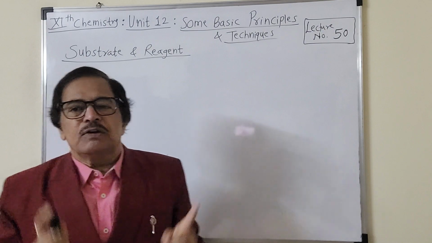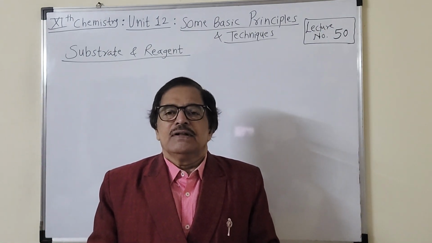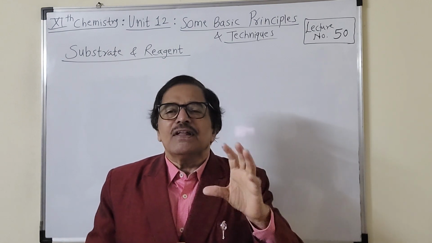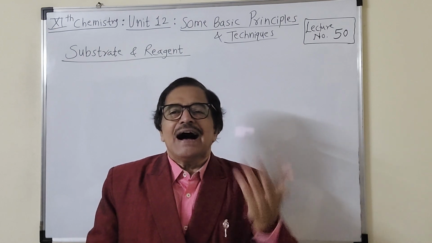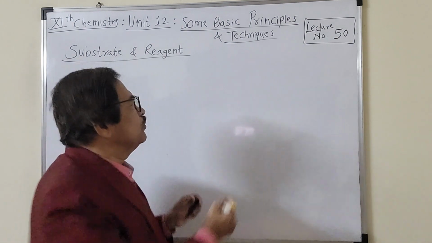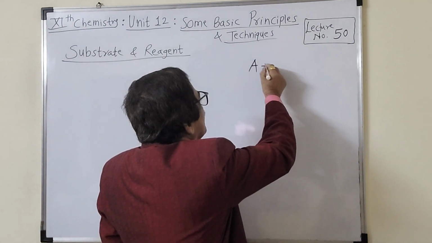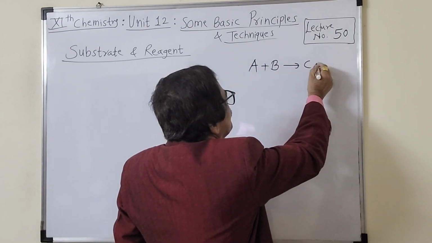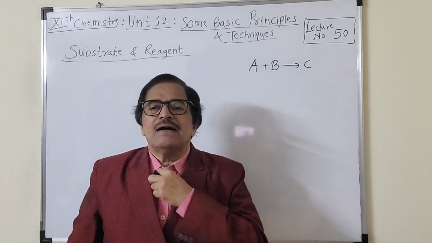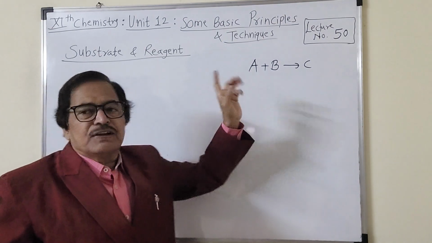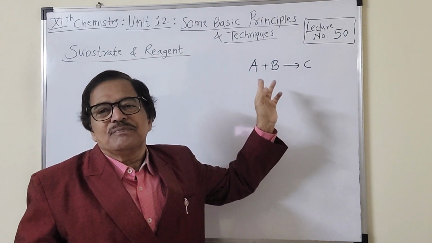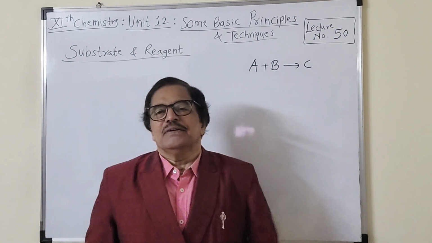Whenever a reaction occurs between two different substances, the one which we are keeping under observation will generally be called the substrate, and the other substance is called the reagent. Suppose these two species are reacting, A plus B giving C plus D. Now here, if we are observing what changes are going on in A, then A will be called the substrate and B will be called the reagent.